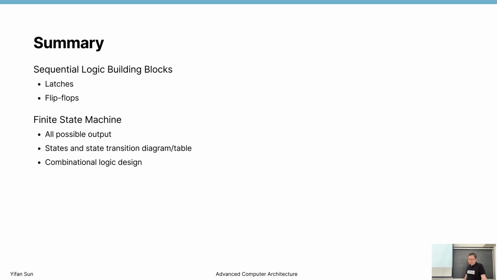So, okay, a summary for today's lecture. We talked about sequential logic building blocks: latches and flip-flops. Something you can forget, something you cannot forget. Something you can forget is how the latch circuit is drawn, how many gates there are, what exact gates are there, and how to analyze the cycles of signals.